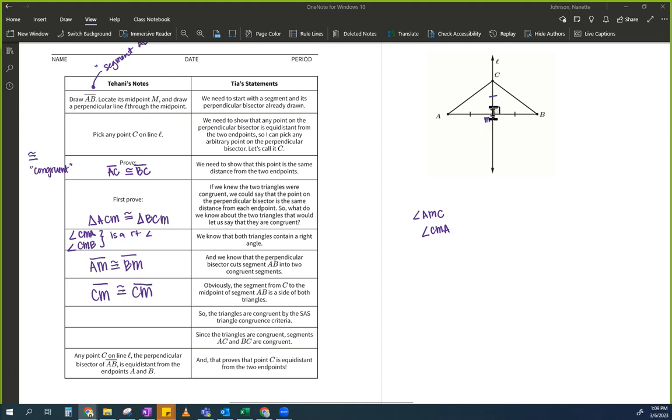Side, angle, side. So we would do this. Does everybody see my side is congruent to side? My angle is congruent to the angle, and the side is congruent to itself. So this is called SAS, right? So the triangles are congruent. What would I write here? The triangles are congruent.